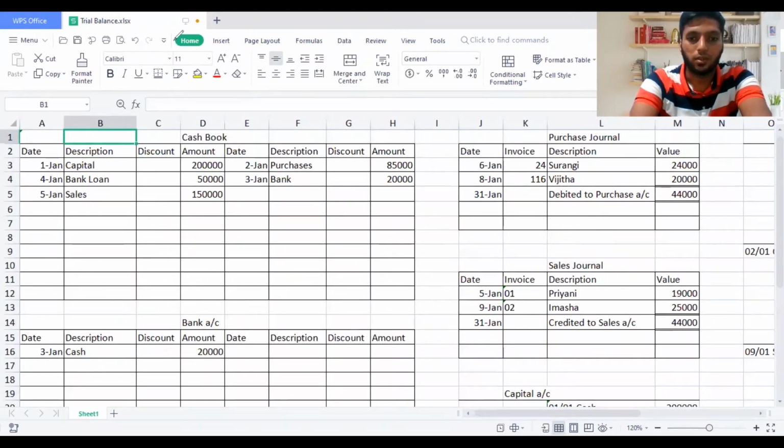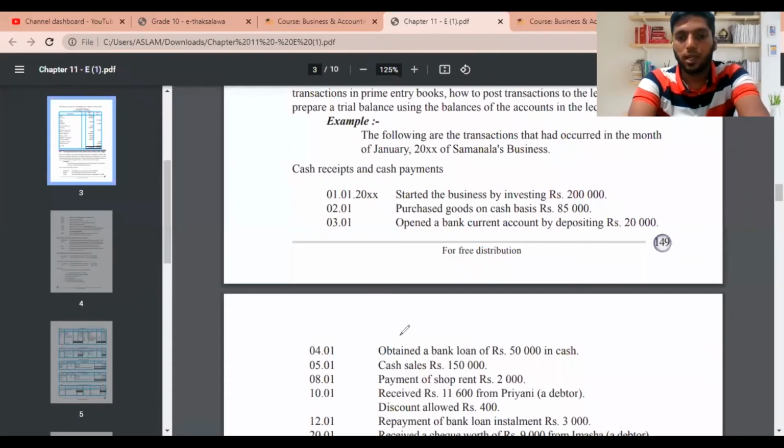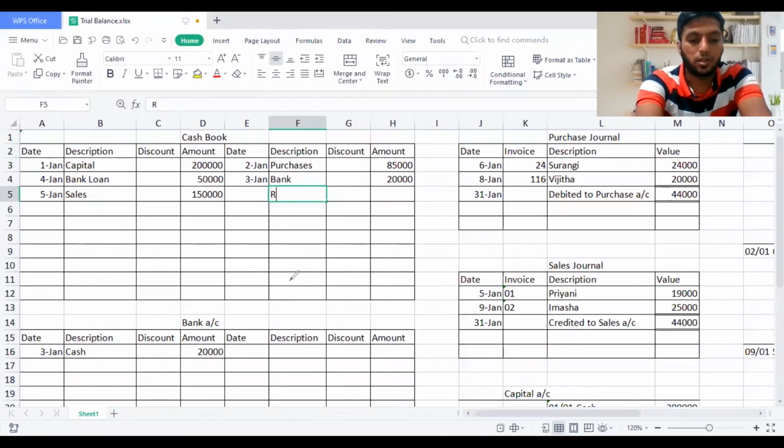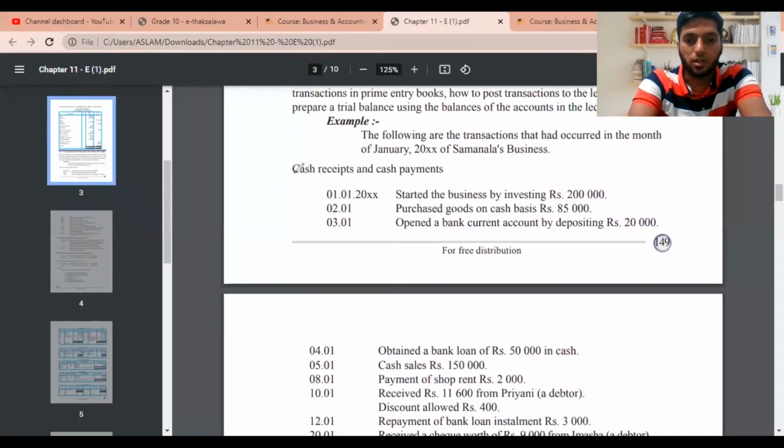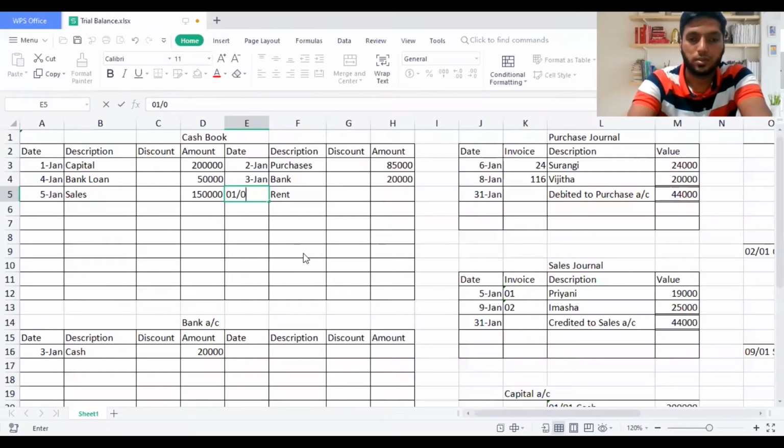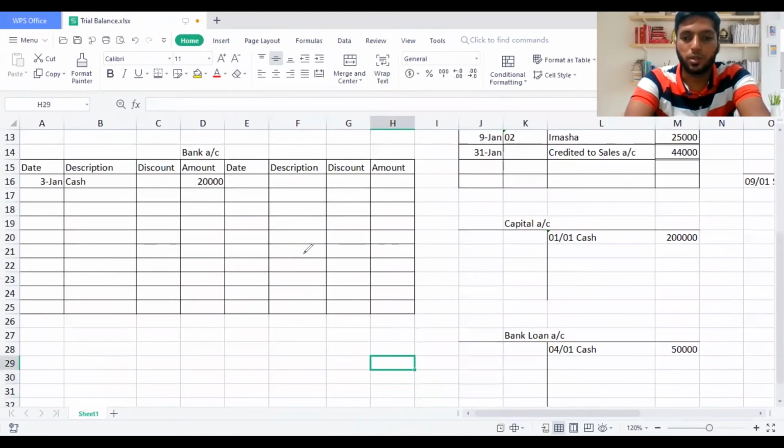What do we have? We have cash payment of shop rent, rupees 2,000. So when you pay rent, your money is going out of the business. So I'll write here rent. What is the date we are paying rent, guys? We are paying rent on 8th first, right? So I'll write here 8th first. You are paying a rent of 2,000. So rent is an expense account. So you open up an expense account. Expense account is on the debit side.